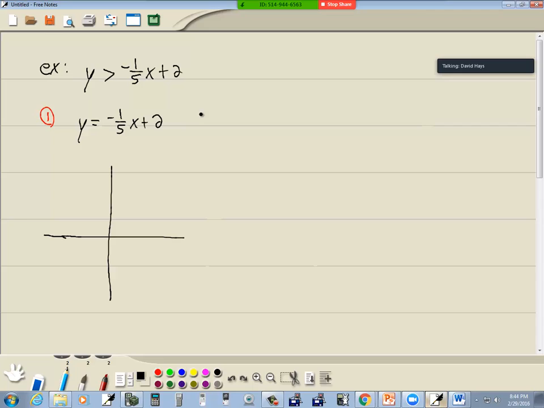Now remember, our slope is equal to negative 1/5, and our y-intercept is equal to 2. Negative 1 tells us we're going to go down 1, because that's a negative. And this says we're going to go right 5.